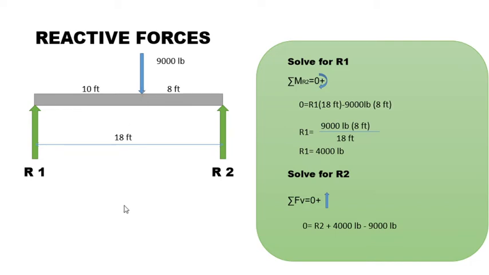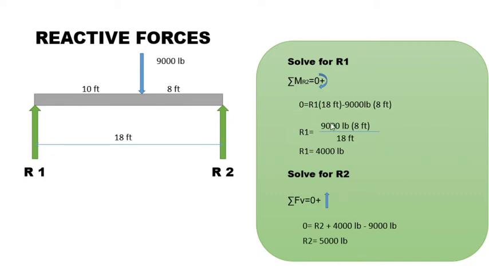Transpose, so R2 is equal to 5,000 pounds. So we have now R1 equal to 4,000 pounds and R2 equal to 5,000 pounds.